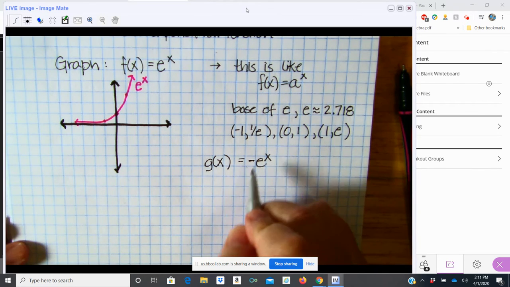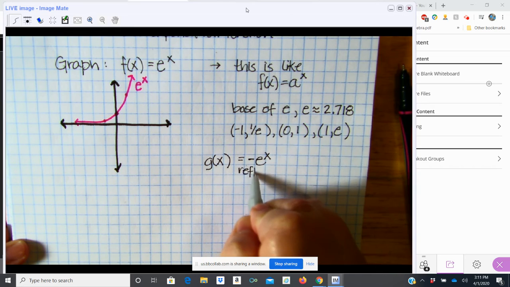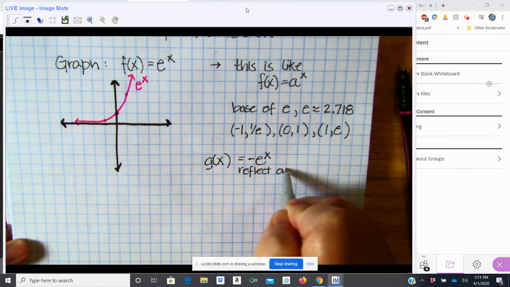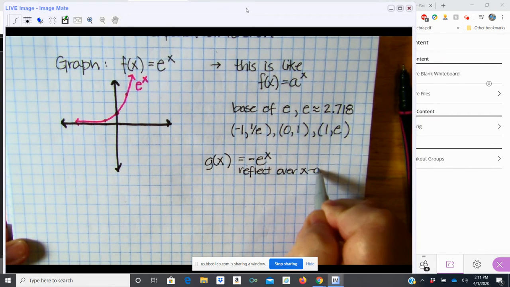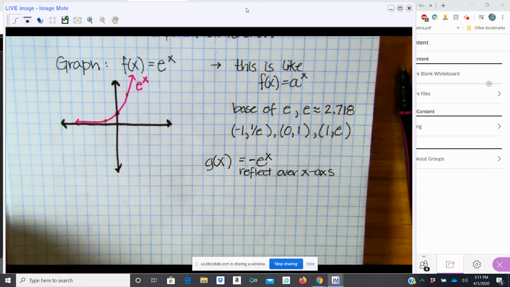Not over the y-axis. This is a reflection over the x-axis.